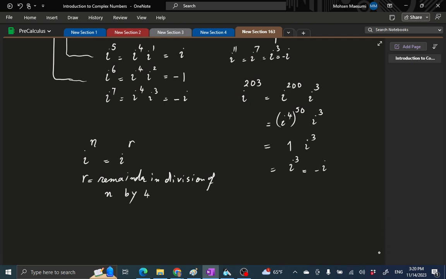And that takes care of all the simple power questions. The same thing applies with the negative exponent. The same way you can do that.